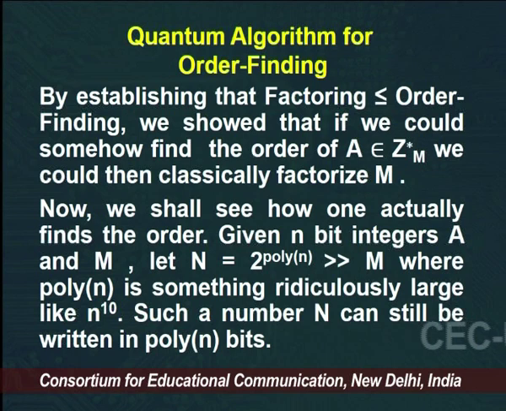We have an n bit integer a and m. Let n be defined as 2 to the power poly(n), greater than m, where poly(n) is something ridiculously large compared to n to the power 10. Such a number can still be written with poly(n) bits.